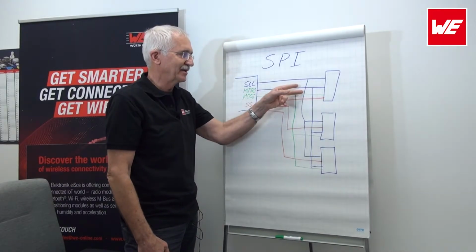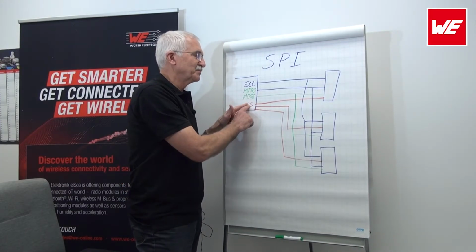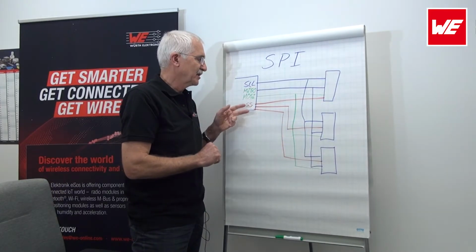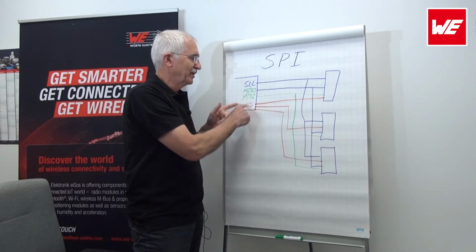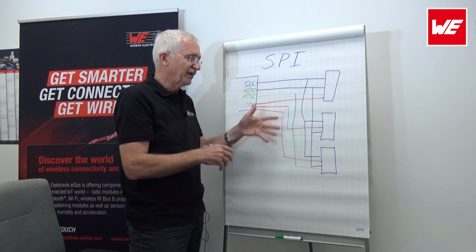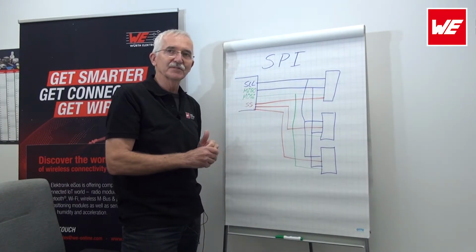Two lines to exchange the data, and then, interesting in this case, we have one chip select line for each of the slave devices. So depending on the number of slaves, we would have the respective number of chip select lines. This is a very fast and efficient method of communicating to our peripherals.